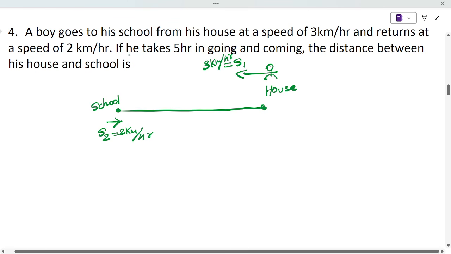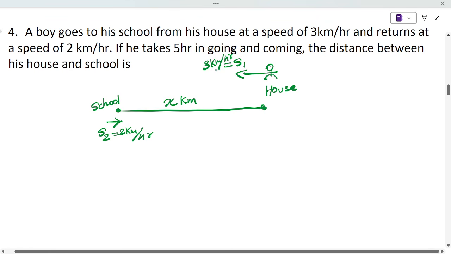As per the question, he takes 5 hours in going and coming. We need to find the distance between his house and school. So let's say the distance is x kilometer. Now again, you might be wondering why we are using kilometer instead of meter?